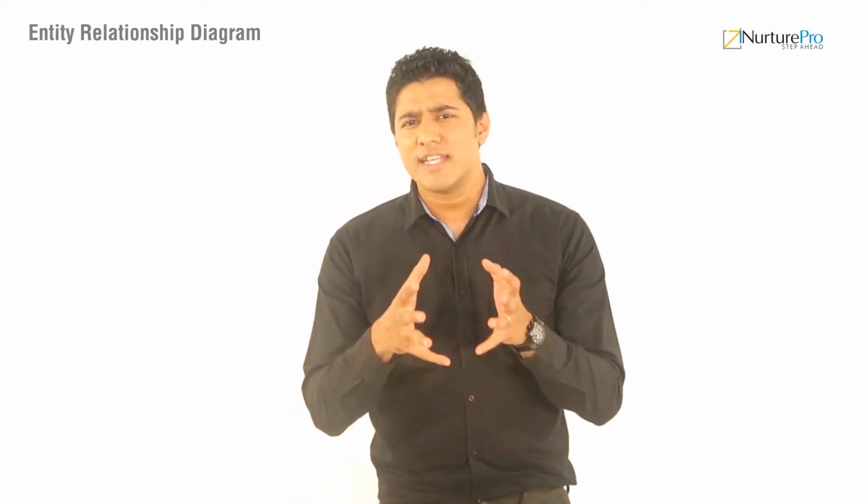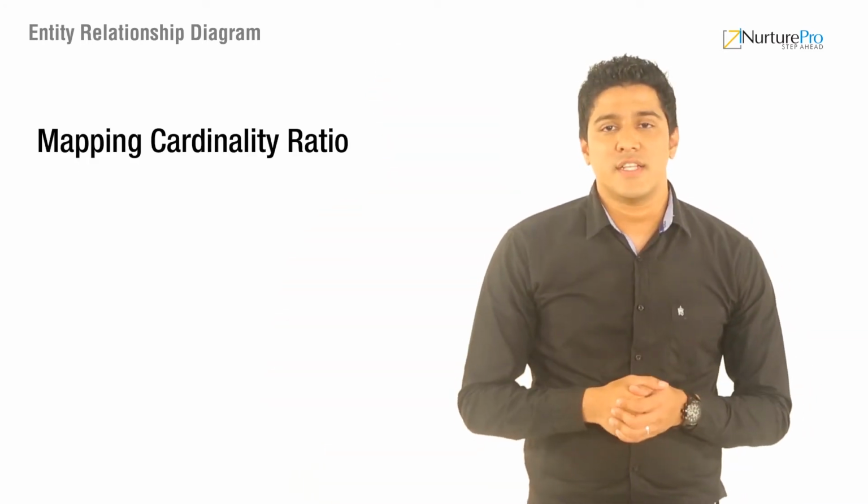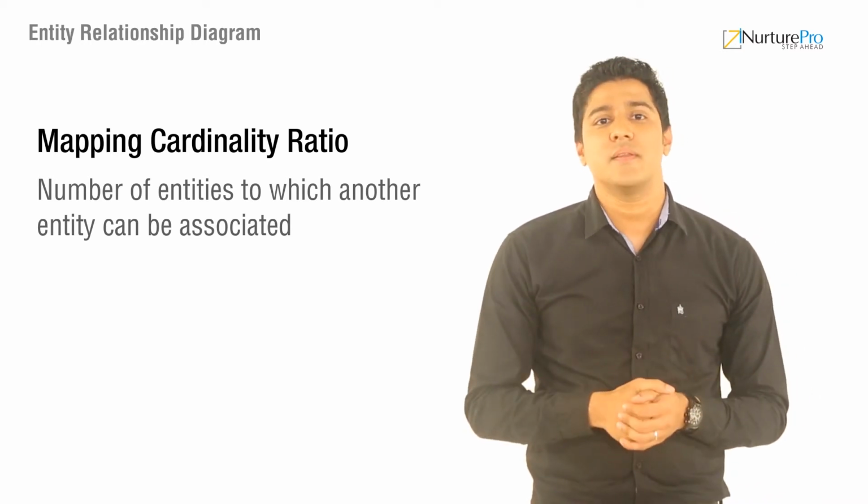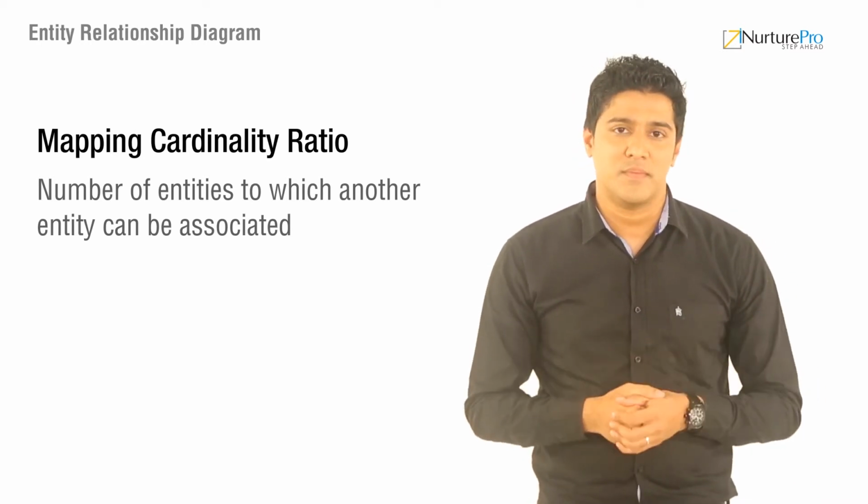Now let us look at the participation of entity set in detail. The participation of entity set is represented by mapping cardinality ratio. So what is mapping cardinality ratio? Mapping cardinality ratio expresses the number of entities to which another entity can be associated through a relationship.